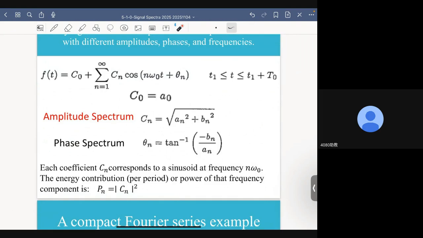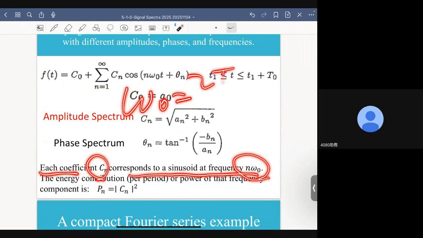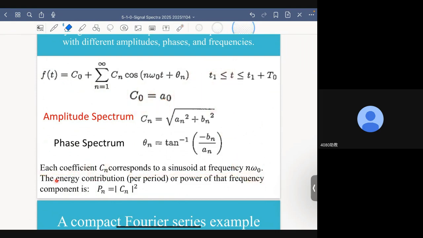If I have a periodic function and I develop its Fourier series representation, then each coefficient Cn corresponds to a sinusoidal frequency at n omega 0. Don't forget, omega 0 is 2 pi over T0, where T0 is the signal period. The energy contribution per period, or power, of the frequency component is this.